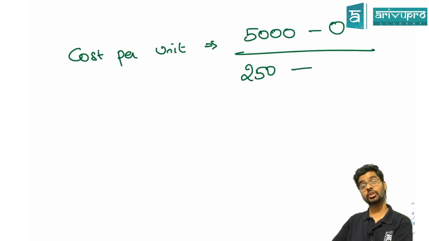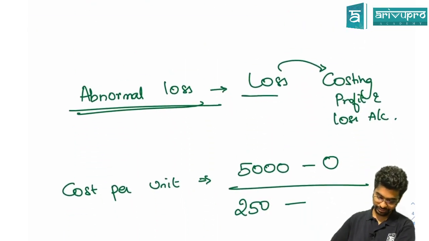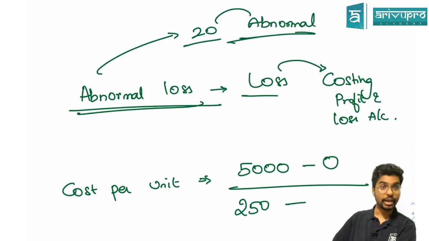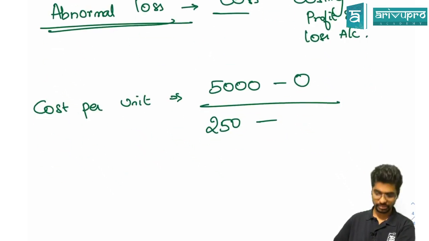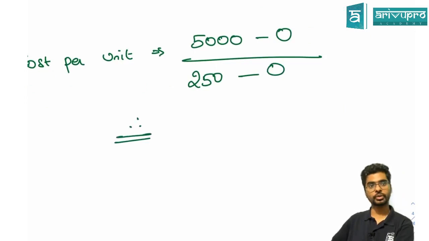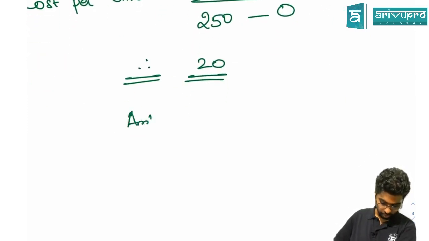What is my normal loss? Guys, read the question. I am assuming that the loss of 20 units is abnormal. So what is my normal loss? 0. Therefore, what is my cost per unit? 20.